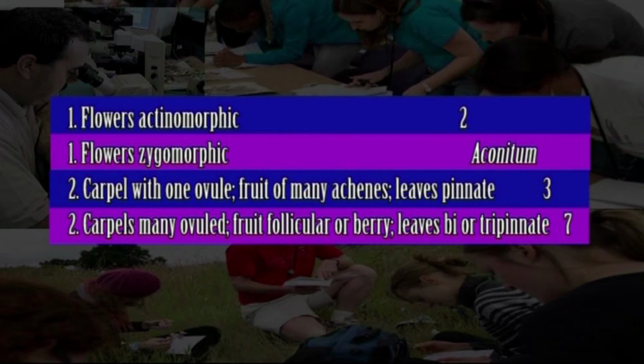The first couplet to be consulted stands at the head of the key next to the number 1. The next appropriate couplet to consult is indicated by a reference number such as 2, 3 or 7 as shown, further down the key, placed on the right hand side of the chosen lead. These numbers direct the user to the next appropriate couplet to consult.